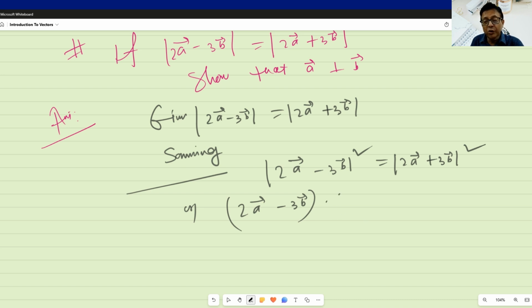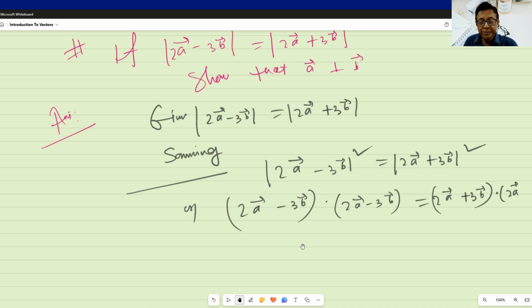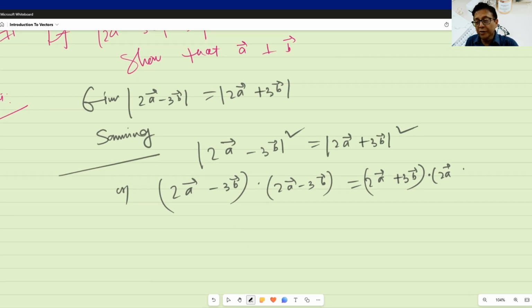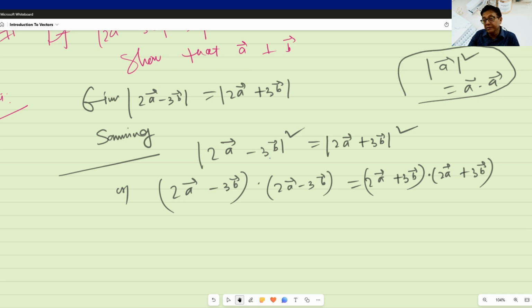So (2a minus cb) dot (2a minus cb) equals (2a plus cb) dot (2a plus cb). Agree or not? It's alright. This is clear. Why? Because just we have studied mod square equals a dot a. This is true for any vector a. 2a minus cb is a vector. That's why I am writing (2a minus cb) dot (2a minus cb).